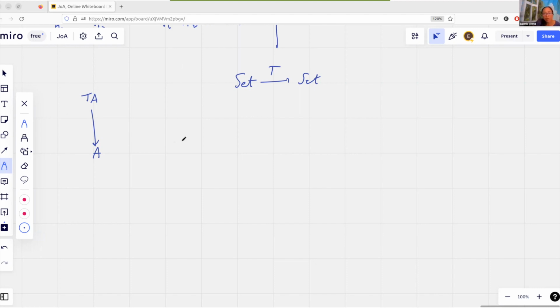And one is that if you have a monad T on C, then the category of algebras for it, which I'll write like this, lives over the category C, because an algebra for T has an underlying object in C. So there's a forgetful functor back to C. This is like the forgetful functor from monoids to sets, where you forget the monoid structure.